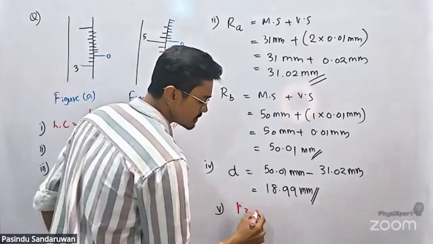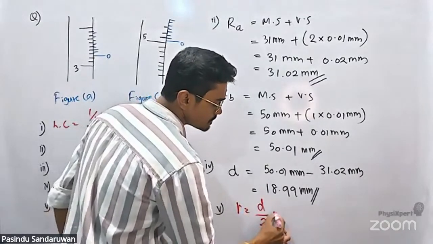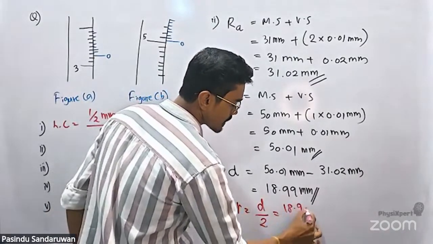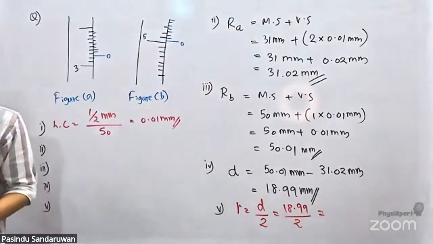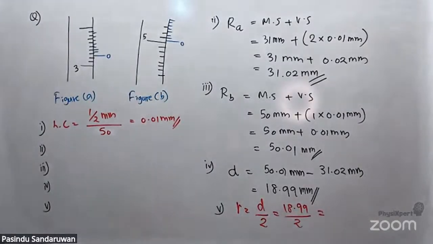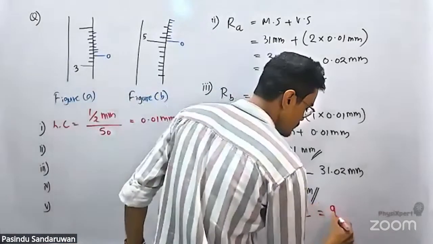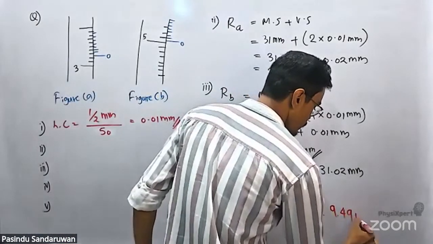Radius will be diameter over 2, 18.99 over 2, which is 9.49 millimeters.